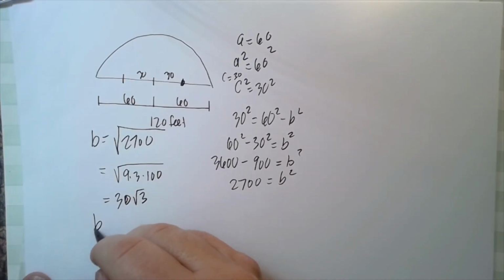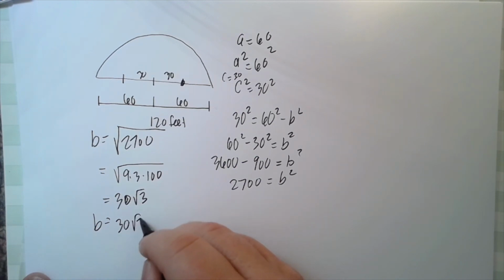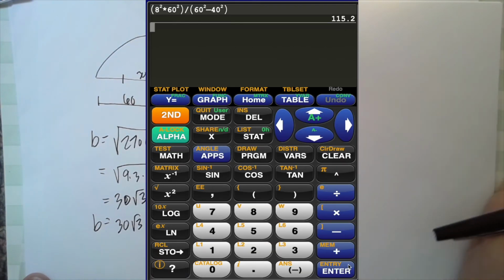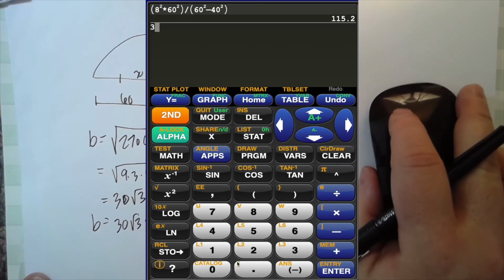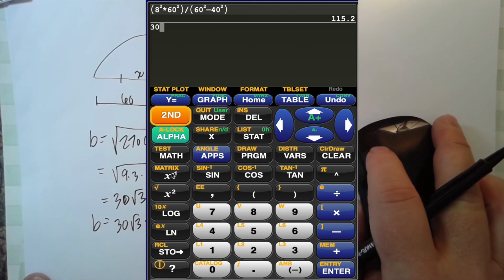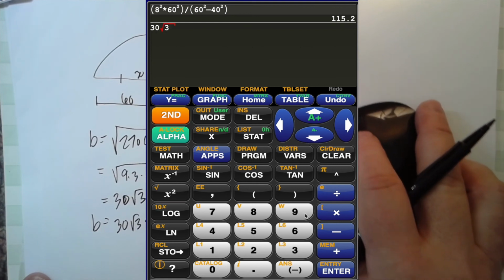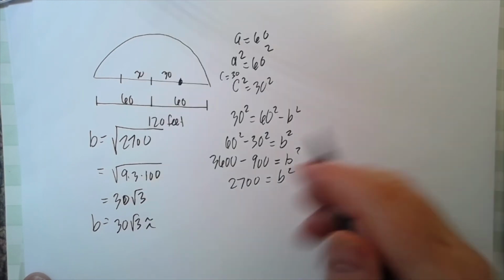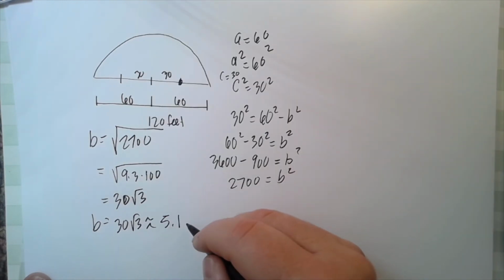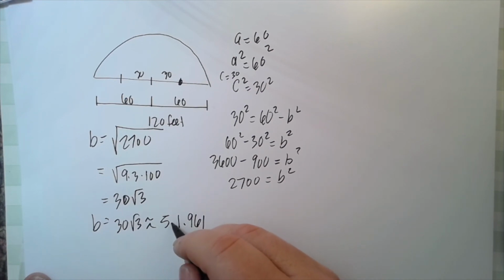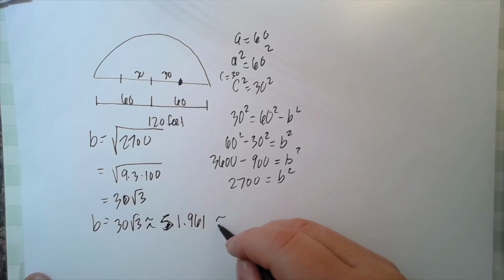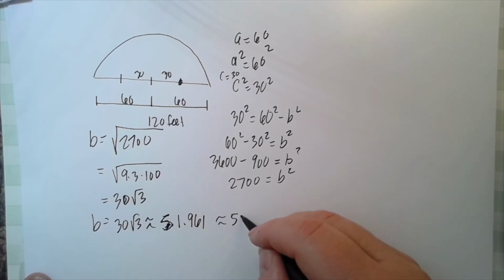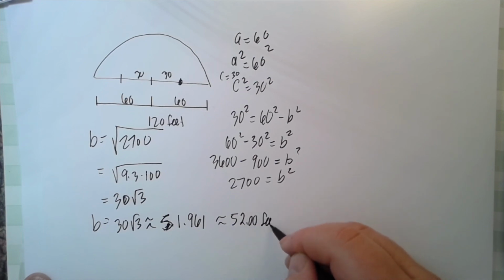So the height of B is 30 square root of 3, which is approximately 51.961, which is approximately 52 feet high.